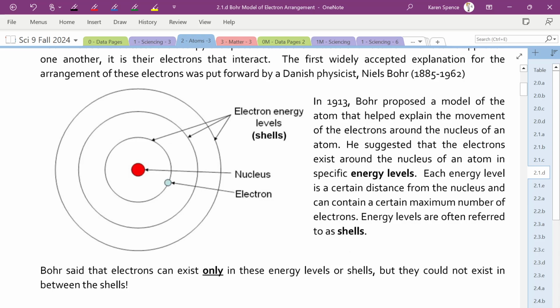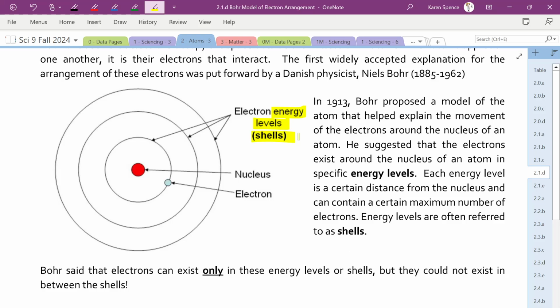But what he said is that around the nucleus, there were these energy levels, which are also known as shells. So you can see it's like a shell. There's this circle around there, and that's where the shell is. And he said that is where electrons live.